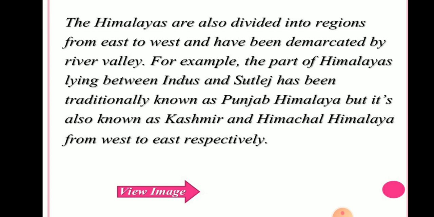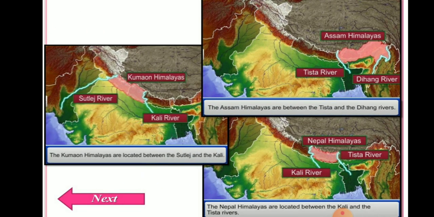For example, the part of the Himalayas lying between the Indus River and the Satluj River has been traditionally known as the Punjab Himalayas, but it is also known as the Kashmir and Himachal Himalayas from west to east, respectively. So here we have a picture showing different sections of the Himalaya from west to east. Here we have the Indus River.